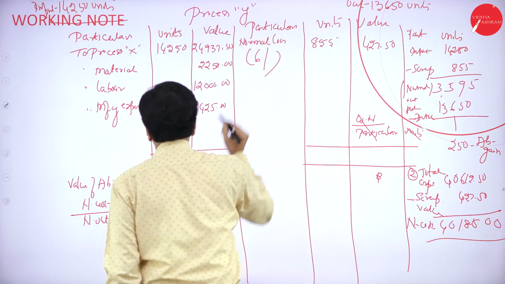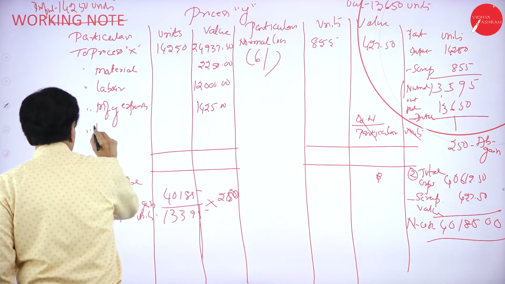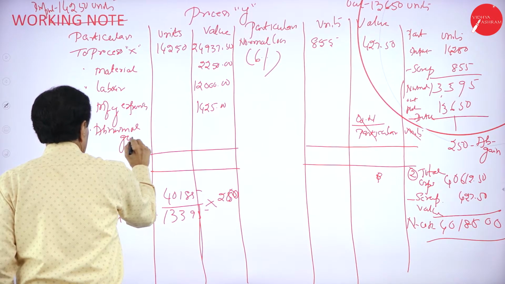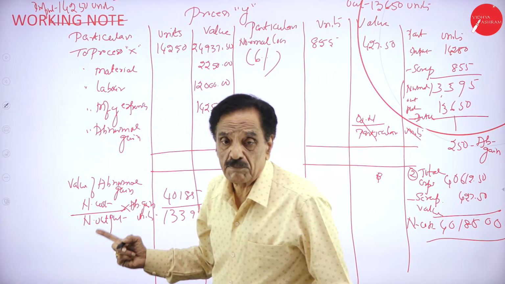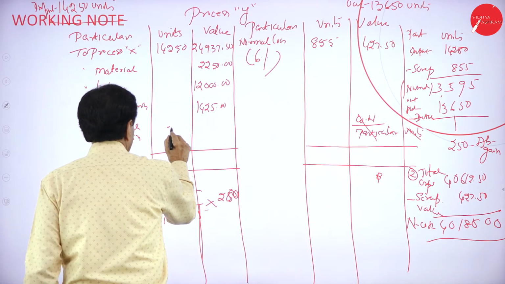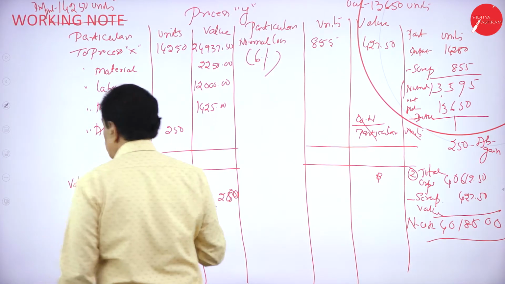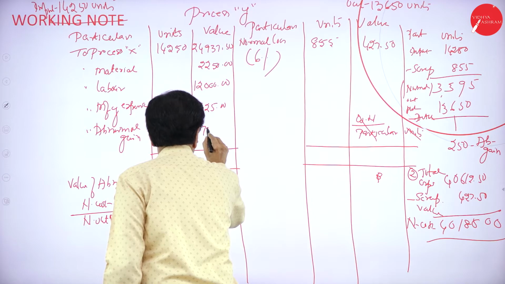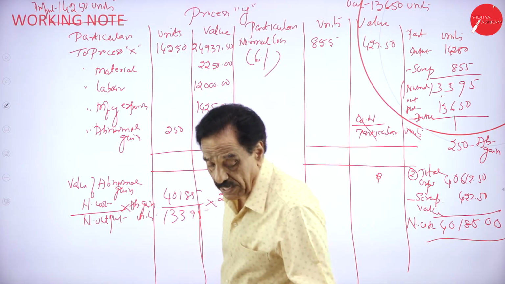To abnormal gain, how many units? 250 units. Value comes here 750. Check up the answer once again.